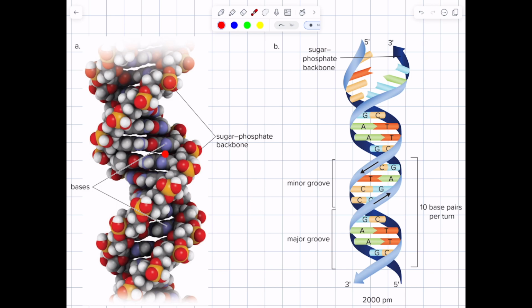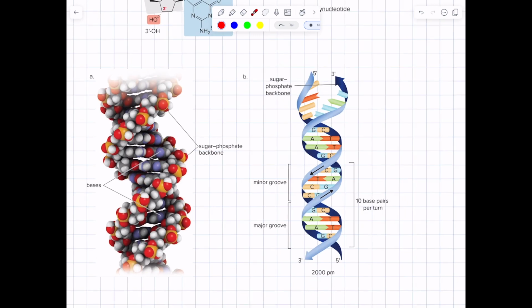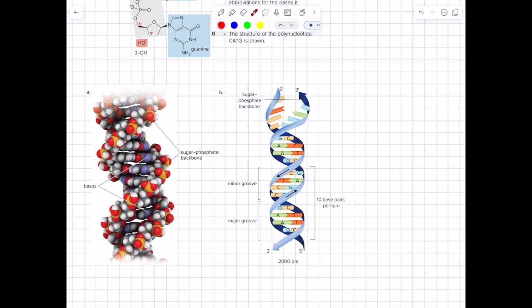Those are accessible for interaction with other things that might like to bind DNA, like histone proteins, which wrap proteins up into tight chromatin structures in your chromosomes, or transcription factors, which can bind to and recruit transcription machinery to begin the process of DNA transcription.